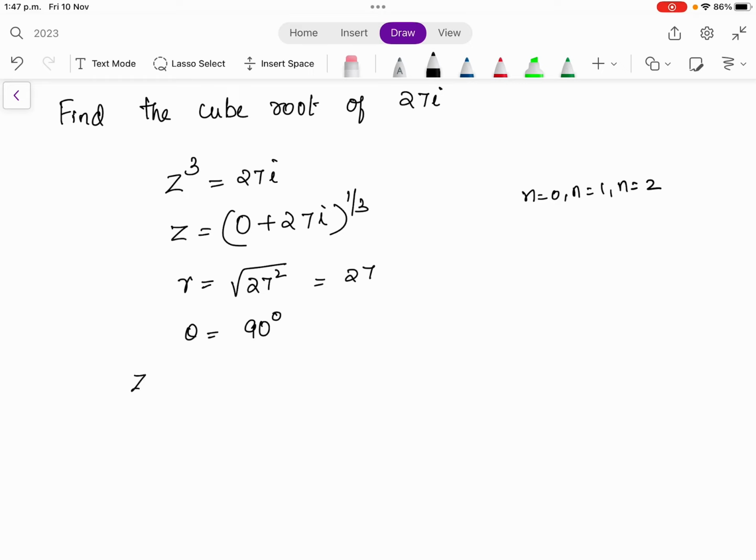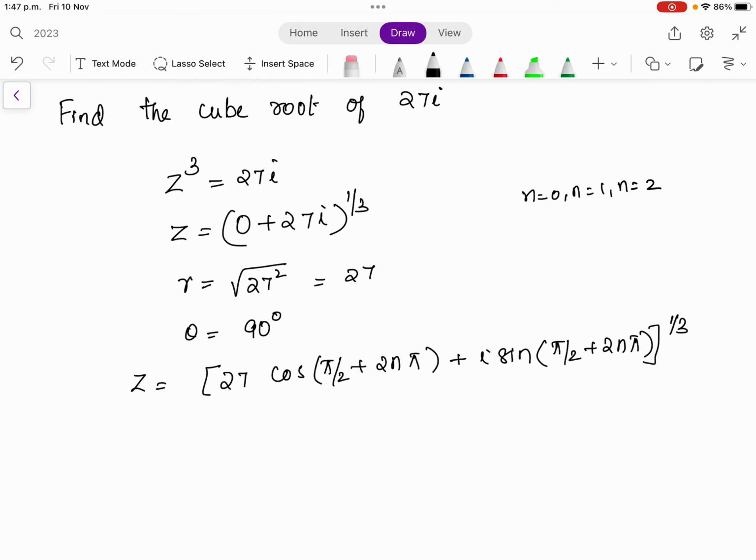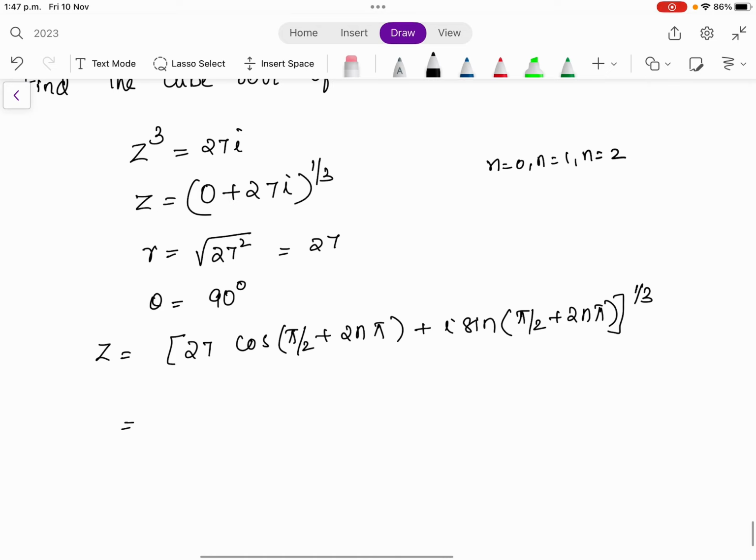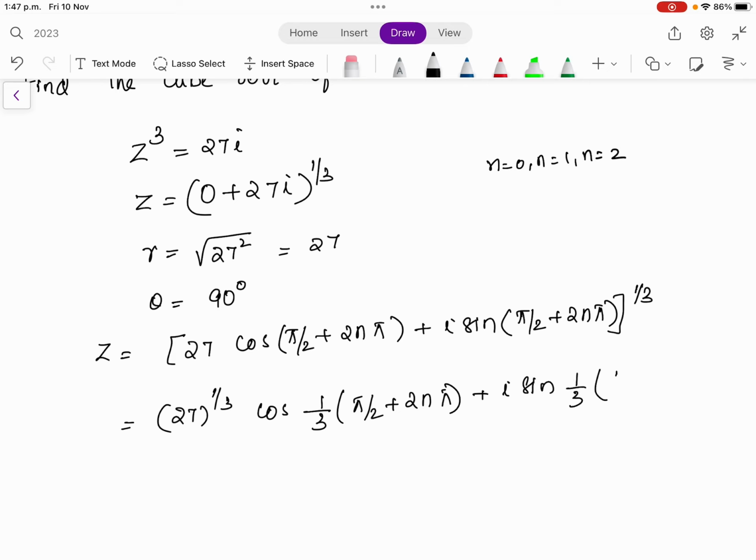Now z will be equal to 27 [cos(pi/2 + 2n pi) + i sin(pi/2 + 2n pi)] to the power of 1 over 3. That is equal to 27 to the power of 1 over 3, and applying de Moivre's theorem, it will be cos 1/3 (pi/2 + 2n pi) + i sin 1/3 (pi/2 + 2n pi).